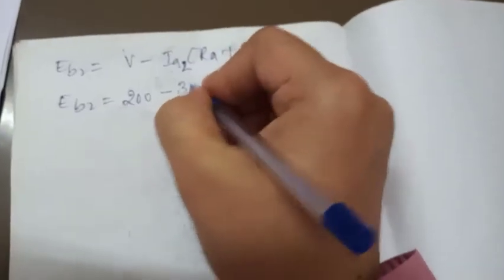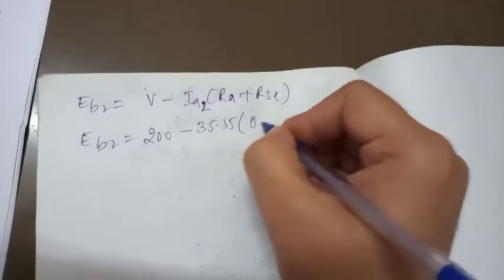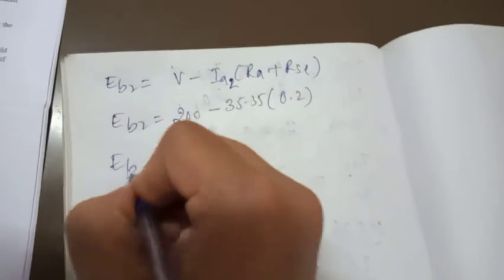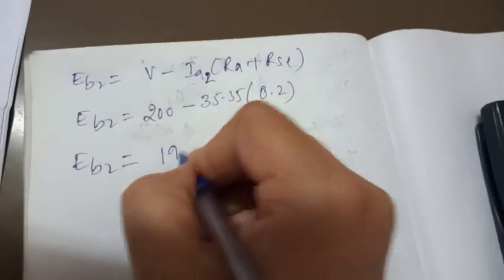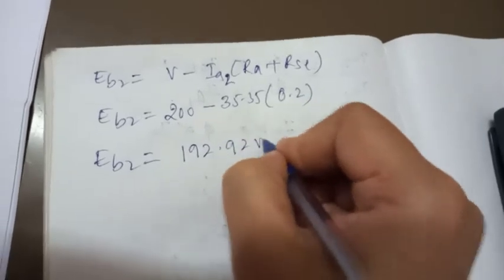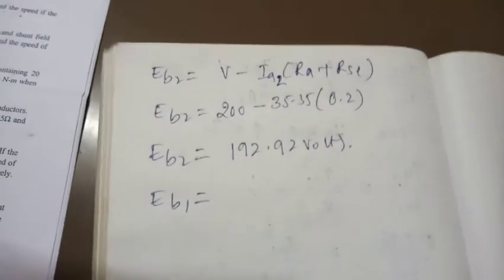IA2 is 35.35, into RA plus RSE, which is 0.2 ohm. So EB2 is equal to 192.92 volts, right?